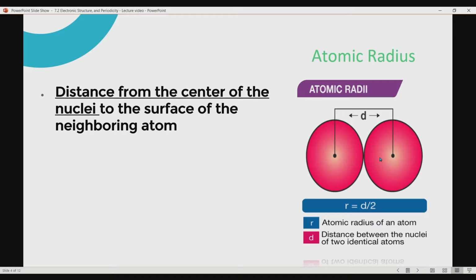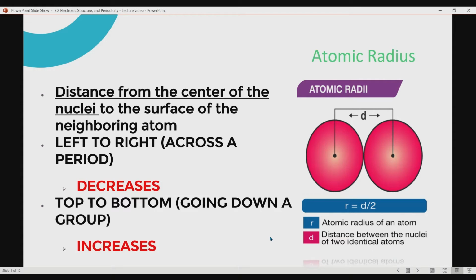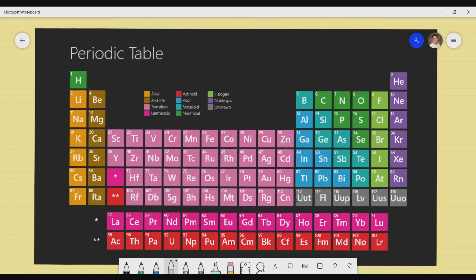Now, what about the trend for atomic radius? From left to right of your periodic table, or across the period, your atomic radius or size is decreasing. Whereas from top to bottom, or going down a group, your atomic radius is increasing. Let me show it through this periodic table here.